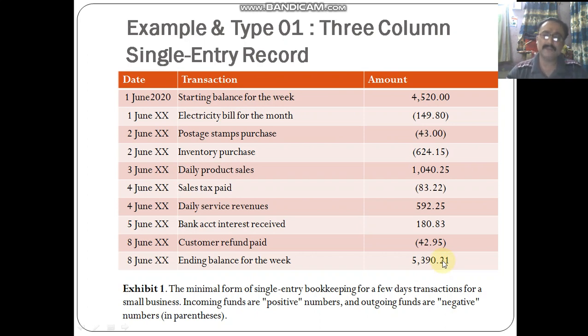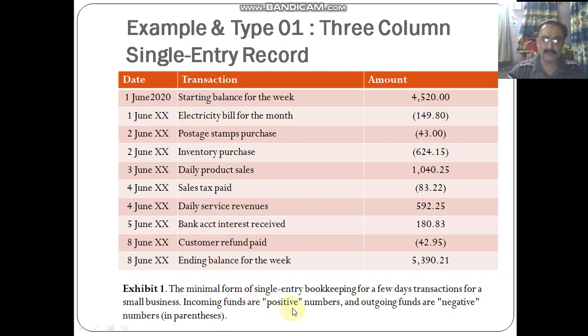So this is basically the type of single entry record that shopkeepers and small merchants normally use in their books of accounts. Likewise, I have shown here Exhibit 1, the minimal form of single entry bookkeeping for a few days of transactions for a small business.